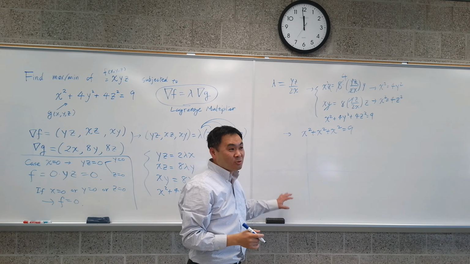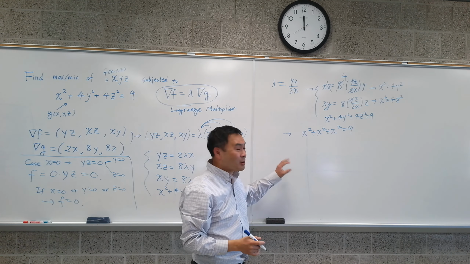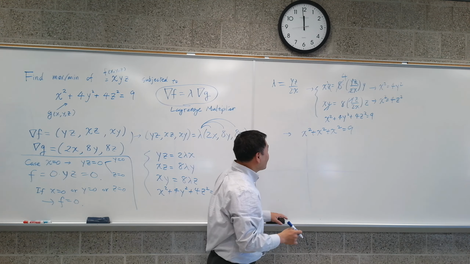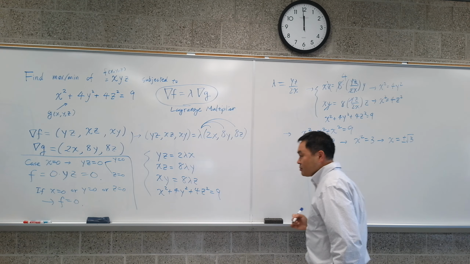Do you want a slower calculation? Is that good? All right. Okay. So now you have 3x squared equals 9, which means x squared is 3, so that x is plus or minus square root of 3. Okay.